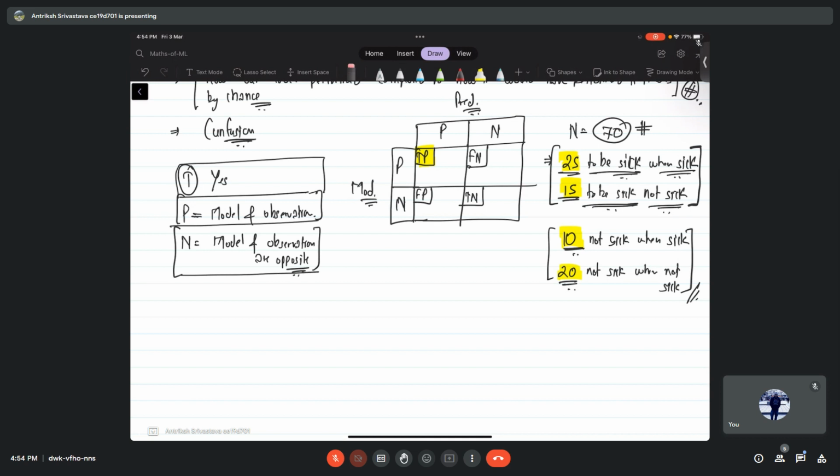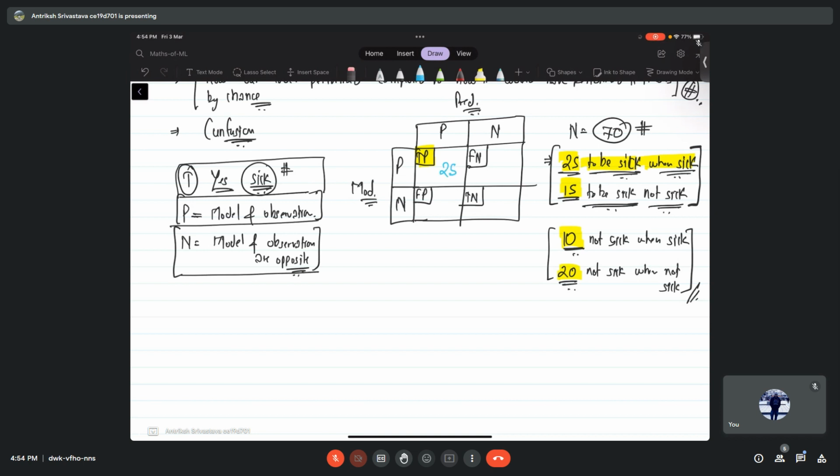Let me give you a hint: yes means that they are sick. Without wasting more time, true positive means the model predicted that they are sick when they were actually sick, so it is going to be 25.